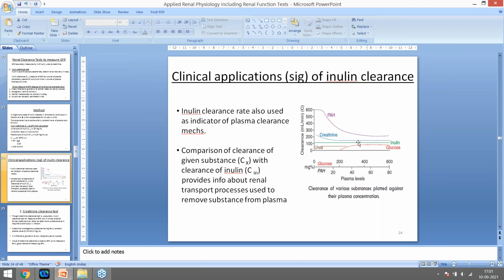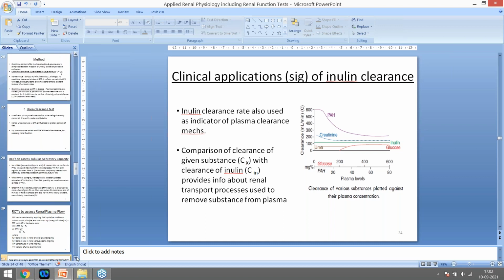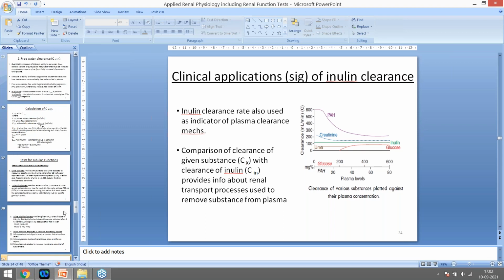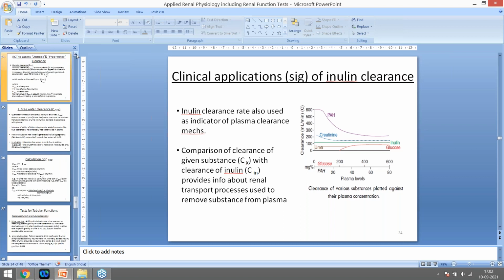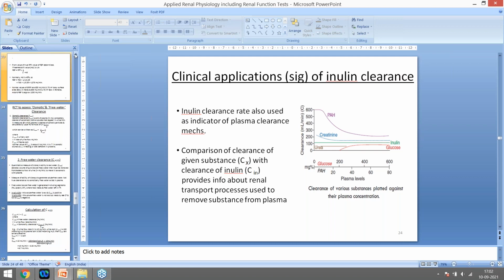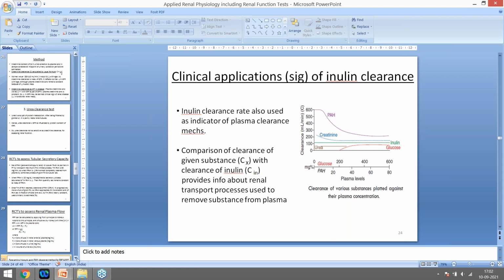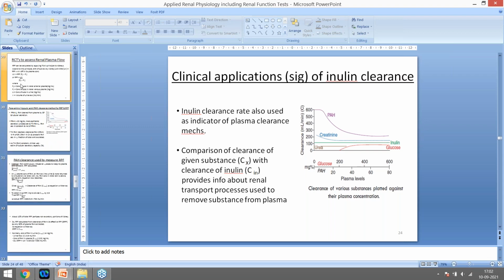This graph I told you can come minus the names, so you need to know the pattern of each of these substances: PAH, creatinine, urea compared with inulin, also glucose compared with inulin. Also, you should know the formula of renal plasma flow, how to calculate renal plasma flow.